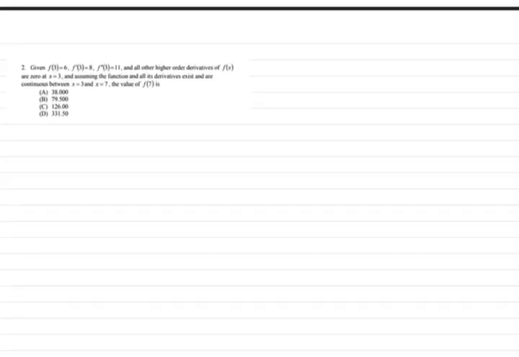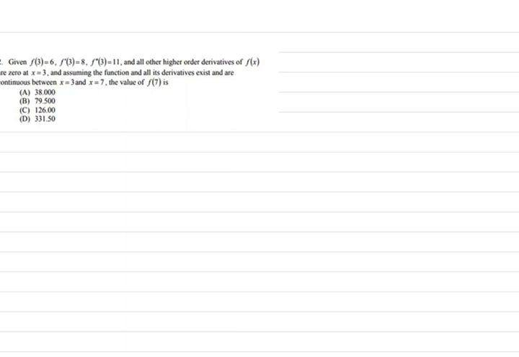And now we can take a real example here. The title is given f of 3 equals 6. The derivative f prime of 3 is 8, and the second derivative f double prime of 3 is 11, and all other higher order derivatives of f(x) are 0 at x equals 3.